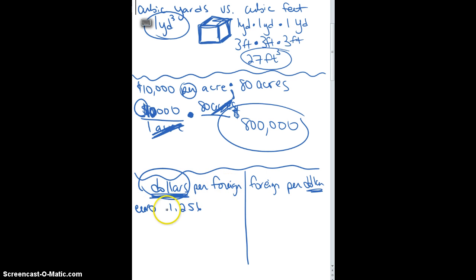This is not labeled euros; this is American dollars. So $1.25, almost 26 cents, but part of a penny, kind of like with gas. So there's this many dollars per 1 euro. Per 1 euro, that is your rate.